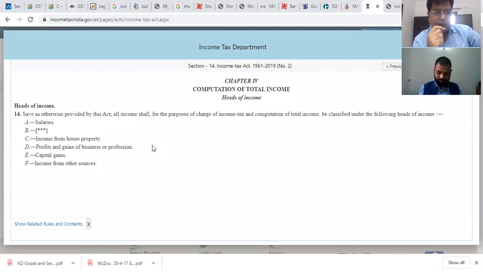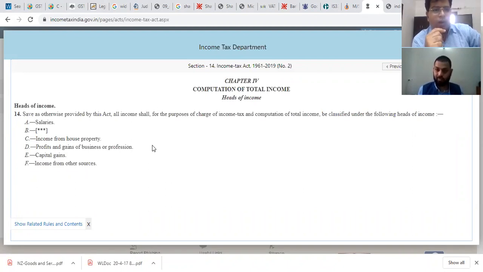They are all components that an employer pays as salary, and any amount that is paid by an employer to the employee for the services rendered by him in the course of the employment is referred to as salaries.